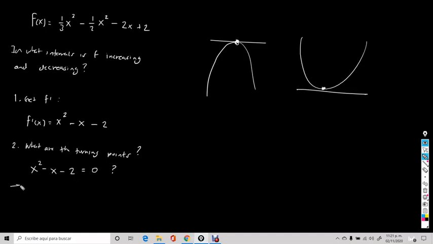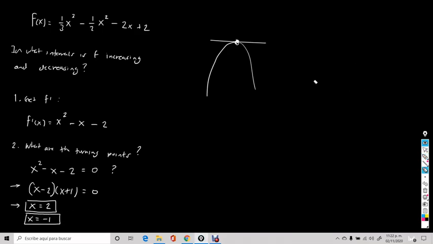Okay, and the proper way to solve it is solving the equation. We can actually factorize this trinomial, and we can get these two solutions, x equals 2 and x equals minus 1. So these are your two solutions for this equation. So these are my possible turning points.